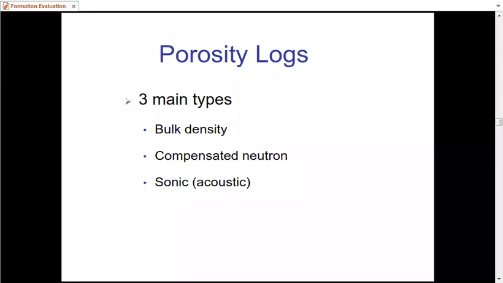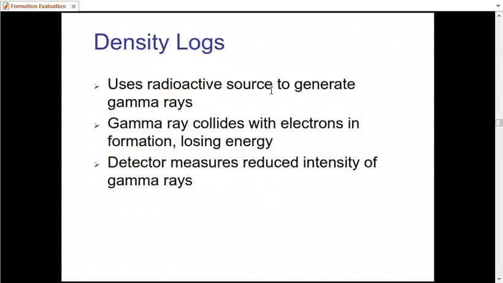Sometimes the commercial vendors have commercial names like CMR, like the density log, but the main types of porosity logs are the three types. The density log uses a radioactive source to generate gamma rays, and the gamma rays collide with electrons in the formation and lose energy.